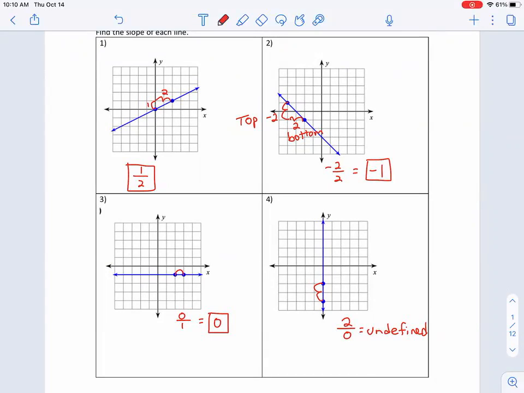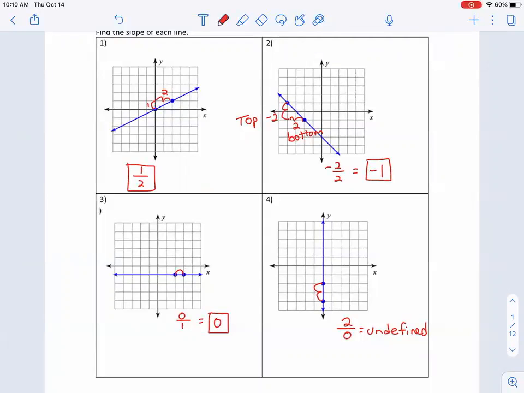And so those are the 4 choices when it comes to slope. In the upper left, you can have a positive number, in the upper right, a negative number, in the lower left, 0, and that will always happen if it's a horizontal line. And in the lower right, it will always be undefined if it's a vertical line.